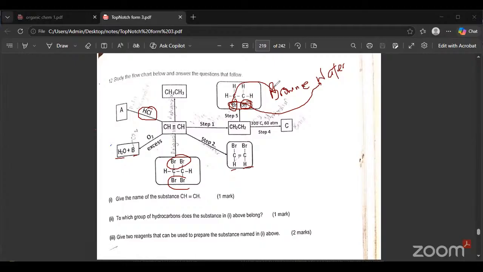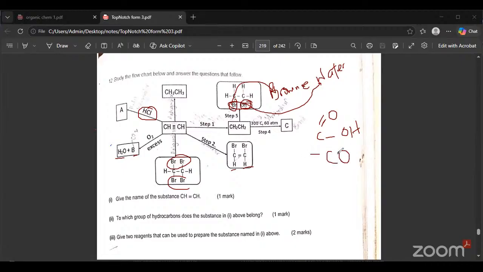The only thing that normally can be featured is the oxygen. But now it is not in this group, ama haiko hii class, iko form 4, which tutaongelea hapo. Normally form something like this, you'll have something called the carboxylic group.